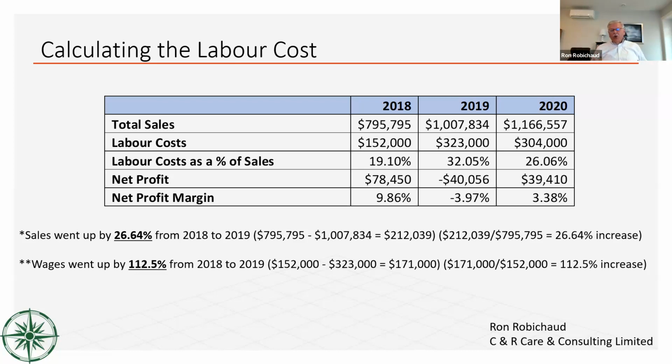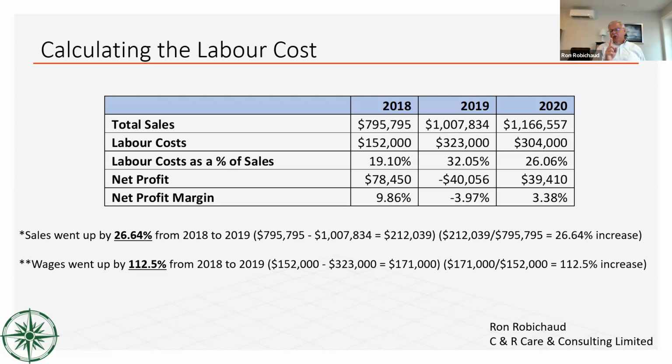Now in 2020, they were able to bring our labor costs down to 26%. Again, basically, we spent 304,000 instead of the 323 in 2019 with even higher sales. So it brought our labor costs down as a percentage of sales to 26%.